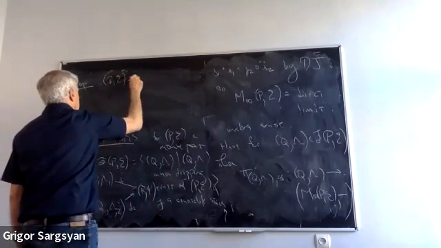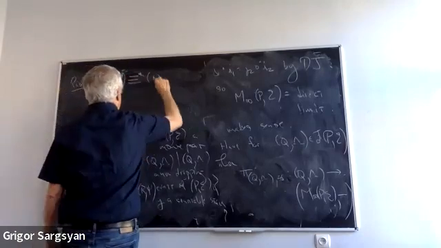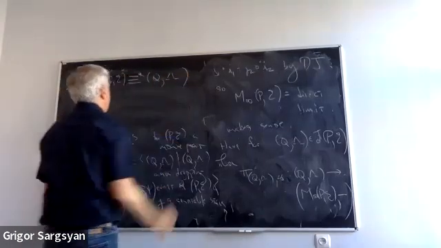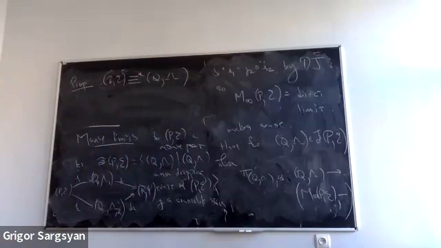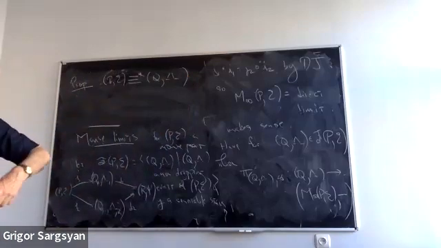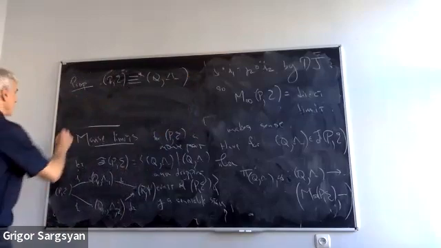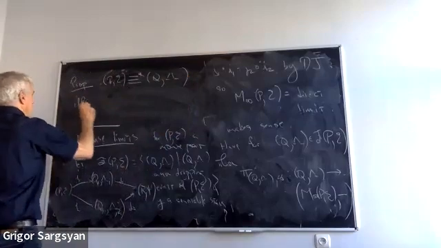M infinity of P sigma is mouse equivalent to Q lambda, for each lambda. That just means that when you compare them, they iterate to the same thing and neither side drops, if and only if they have the same infinity.